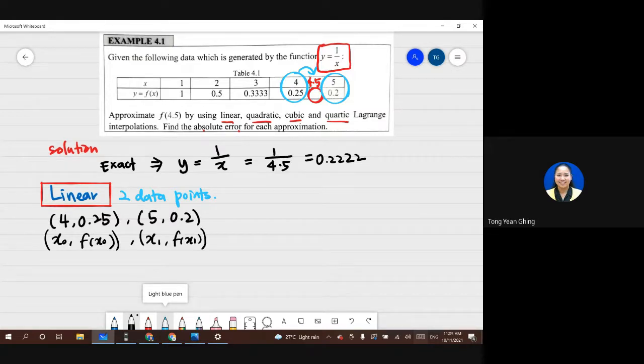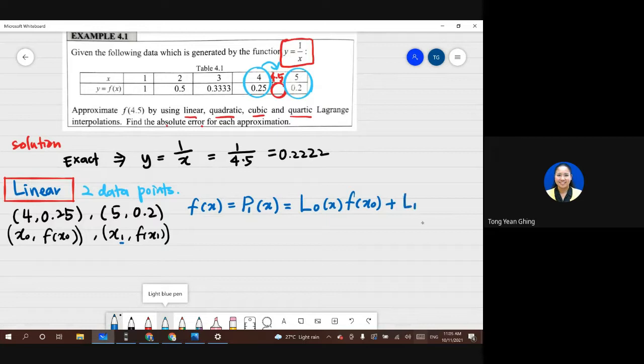So we want to find f x. Now it's P1 because n equal to 1, right? So P1 x equal to L naught x f x naught plus L1 x f x1.